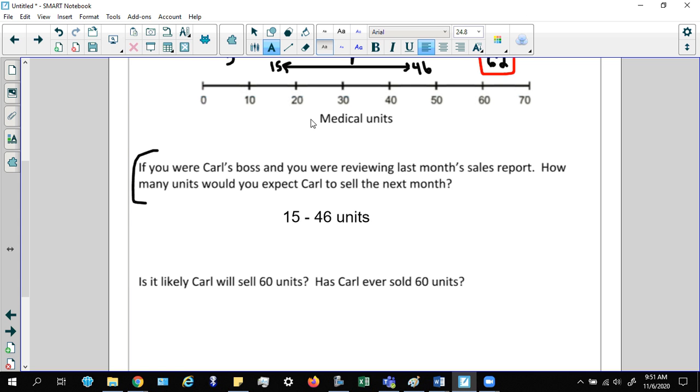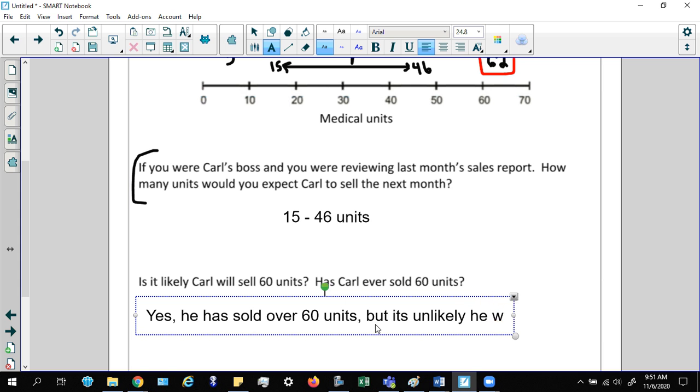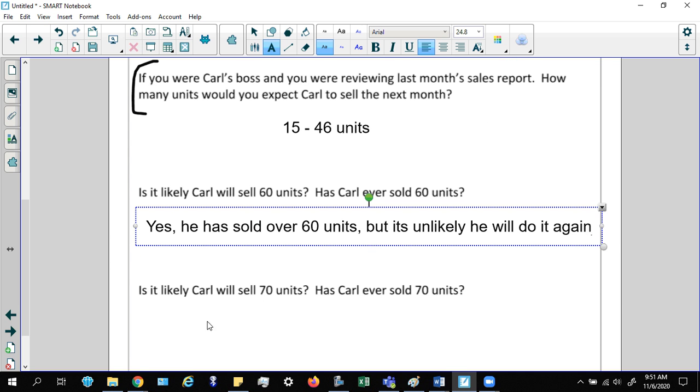Yes, he has sold over 60 units, but it's unlikely he will do it again. Granted, he has done it, he can do it, but are the odds for him? Not really.